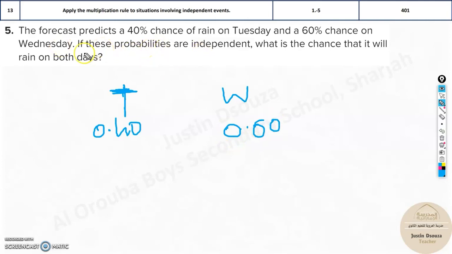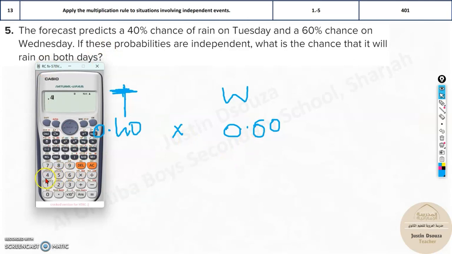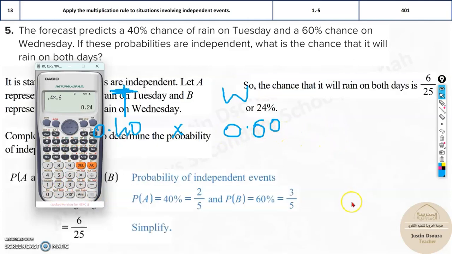What is the probability, if these probabilities are independent, not dependent on each other, that it will rain on both days? Just multiply this. Now we can use multiplication here. 0.4 multiplied by 0.6, the answer is 6 by 25, or 24%. The final answer is 24%.